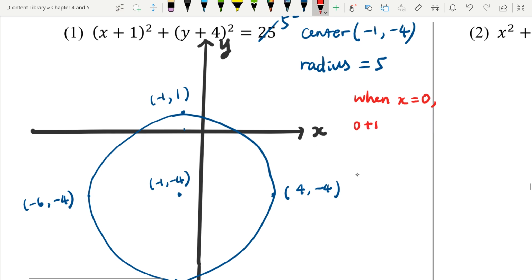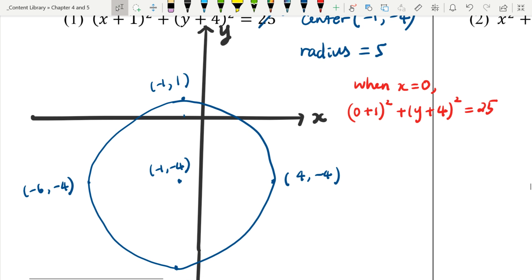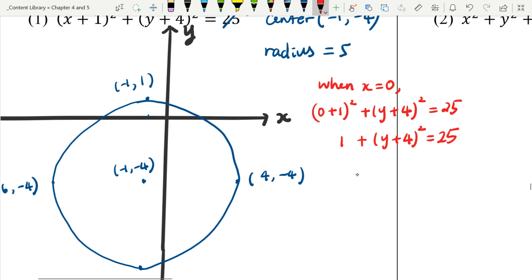So 0 plus 1 squared plus y plus 4 squared equals to 25. So we have 1 plus y plus 4 squared equals to 25. Can I just ask you, do not expand. Okay, do not expand. When you solve xy intercept for a circle, do not expand.